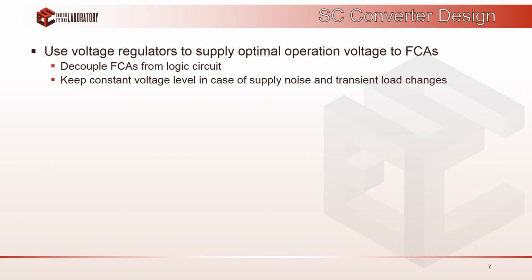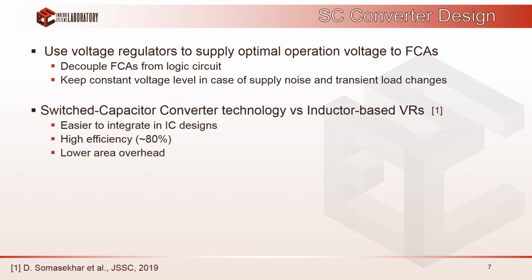As I mentioned earlier, we use the voltage regulators to supply the optimal voltage, namely 0.6 volts, to FCAs. By doing so, we also decouple them from the logic circuit, and we allow keeping a constant voltage level in case of supply noise and transient load changes. We use, for our case, the switched capacitor or SC converter technology because it is easier to integrate in IC design, contrary to inductor-based converters.